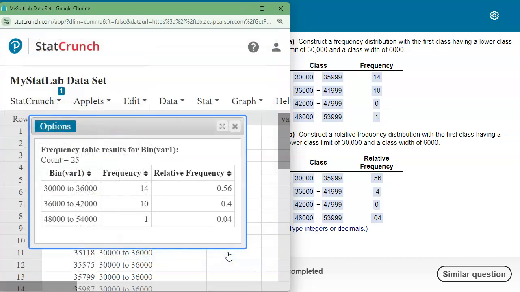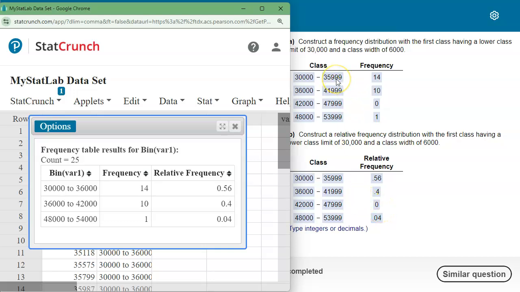And then Compute. And here are our frequencies and relative frequencies. Notice that the only difference is that interval that did not contain any values, it had a frequency of 0, would not be listed here in this chart, so I would still have to manually enter that information.